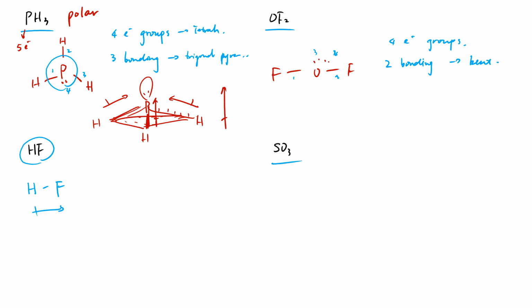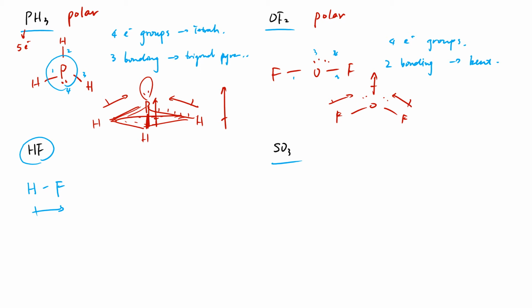So if it is bent, it's like that. Each one will have a polar dipole moment towards the oxygen. So the net dipole is also towards above. So it is a polar one because the dipole moment doesn't cancel out. There's still a net dipole moment for this molecule.